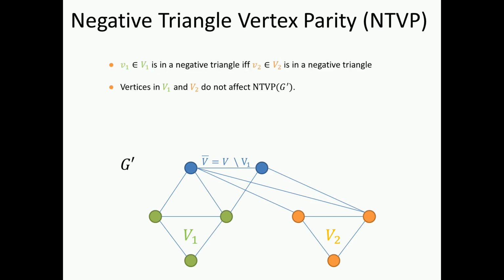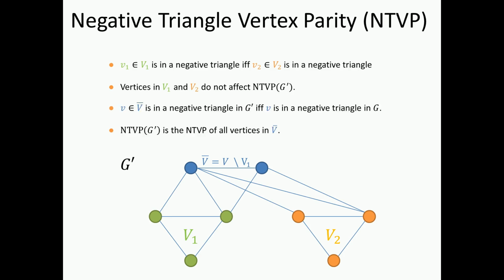Notice that a vertex in V1 is in a negative triangle if and only if its copy vertex is in a negative triangle as well. Therefore, V1 and V2 together add an even amount of vertices in a negative triangle to negative triangle vertex parity, and therefore the vertices in V1 and V2 do not affect the negative triangle vertex parity of G prime.